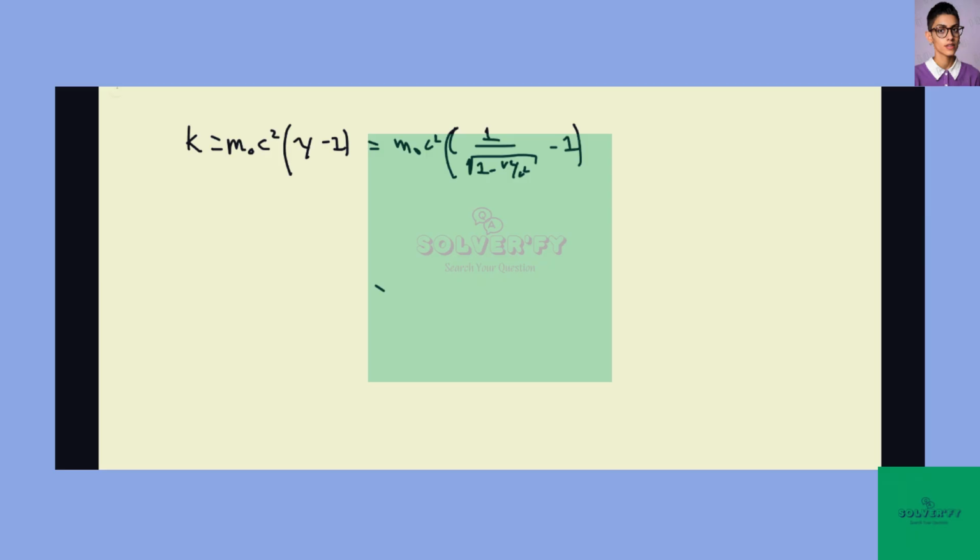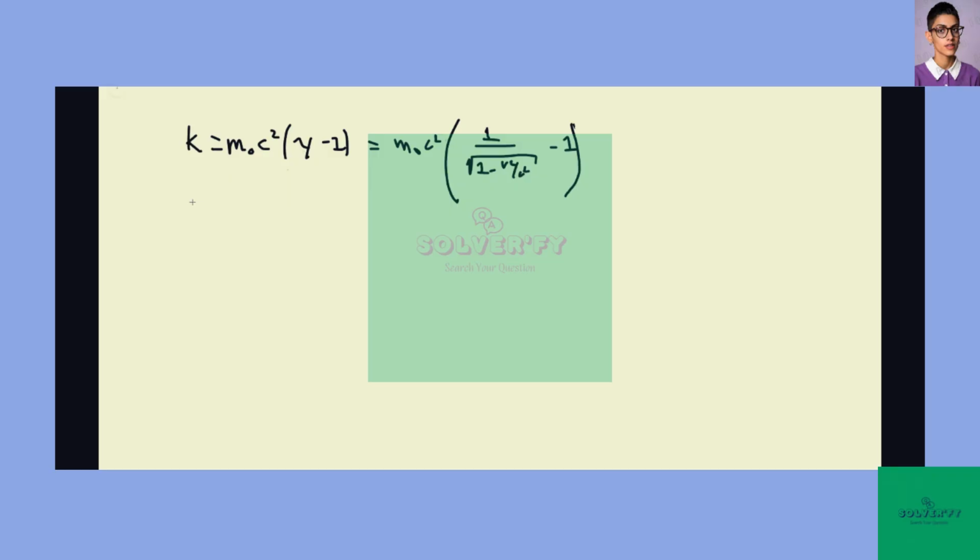Let me just clean this up a little bit, because sometimes it can get hard to write on these things. Okay, so now we just need to solve for v, which is in the v squared over c squared term. Let's keep it in terms of gamma for simplicity.